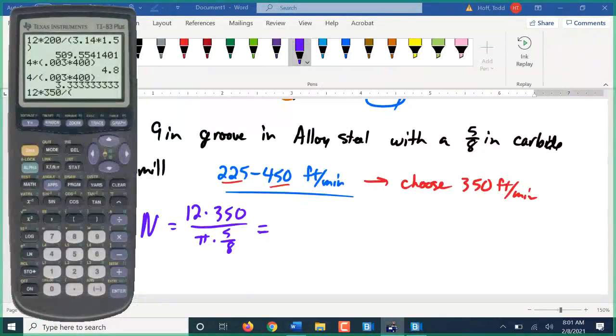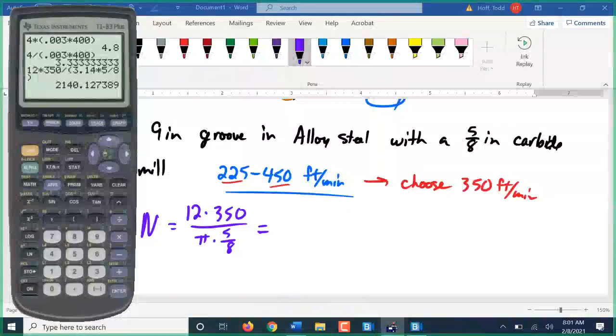We have to use parentheses on the bottom here. Pi times 5/8. 2140 is our RPM.